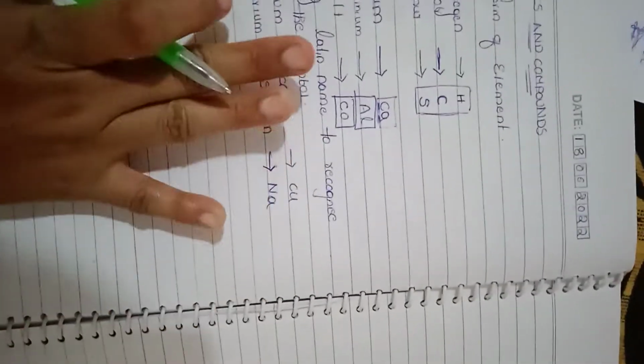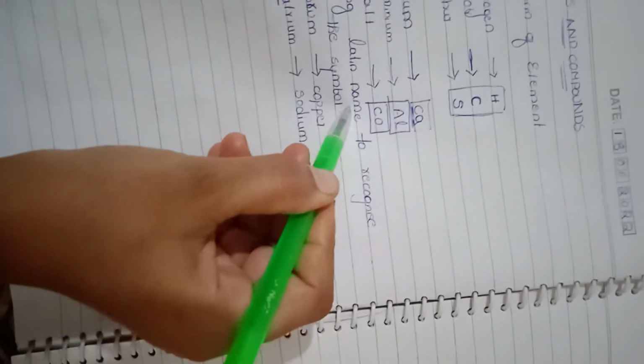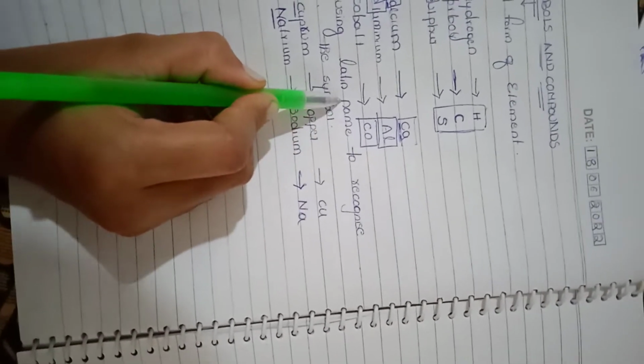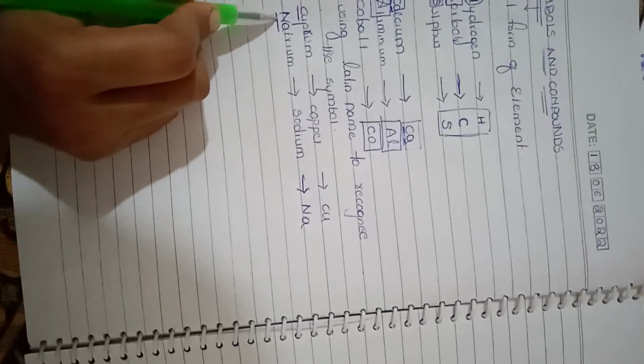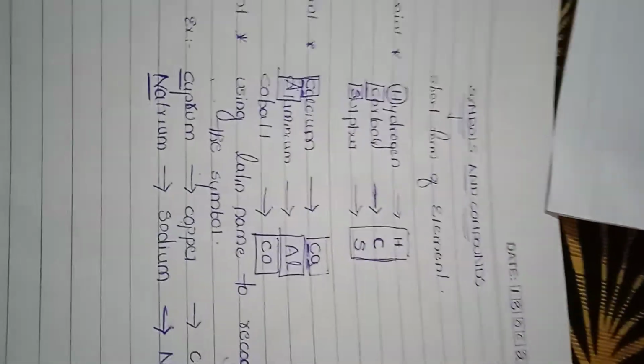Here in the third rule we give symbols to various elements using their Latin names. For example, copper's Latin name is cuprum, so Cu; sodium is Na; plumbum, lead, is Pb. This is all about the symbols and their rules.